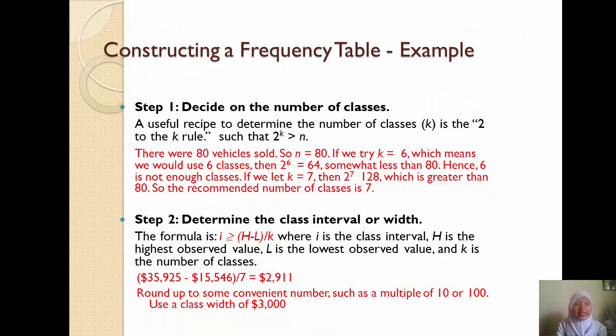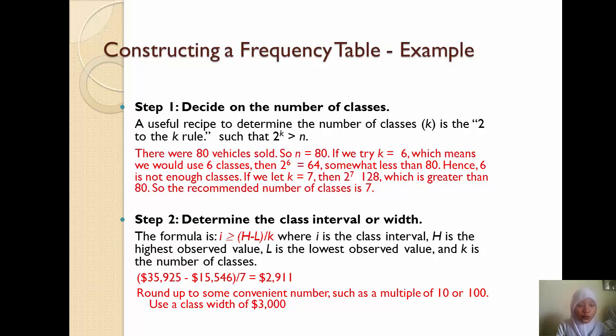Okay, and then constructing a frequency table. Like the example, step 1, decide on the number of classes. A useful recipe to determine the number of classes, or k, is the 2 to the k rule, such that 2^k > n.